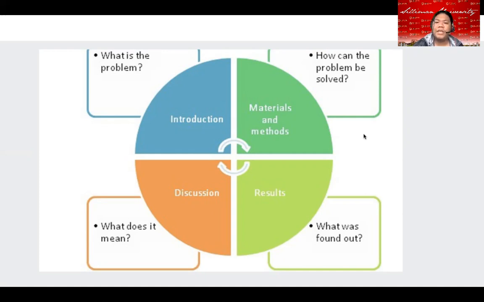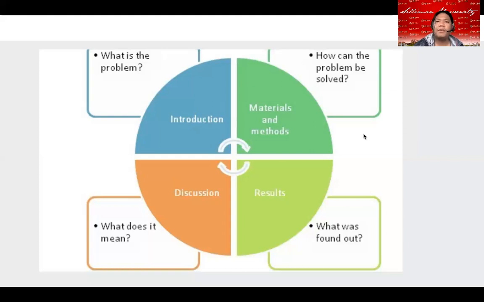And then, of course, after solving the problem, you are now expected to come up with results, like what was found out, what the answers to the question are.